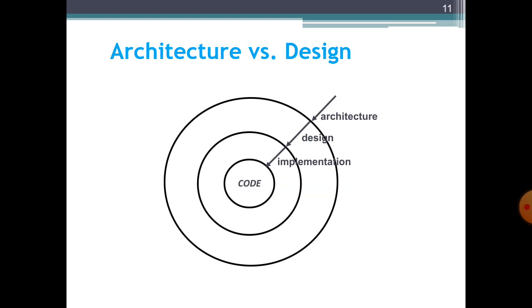So in this diagram you can see that after the requirements analysis and gathering phase, we get the system requirement specification document, which we also call the SRS document, which is actually input to the design phase.